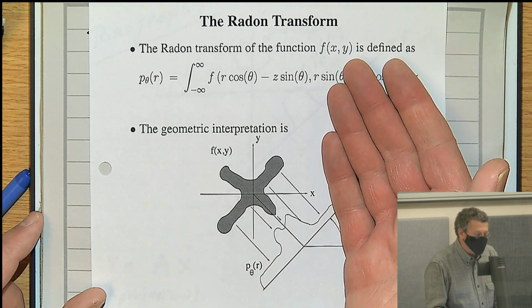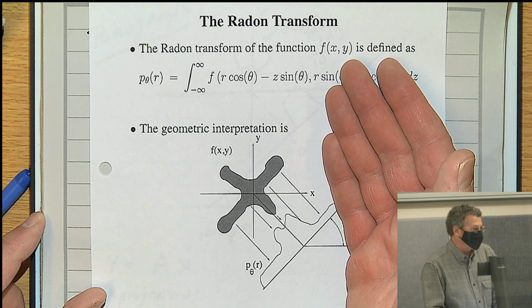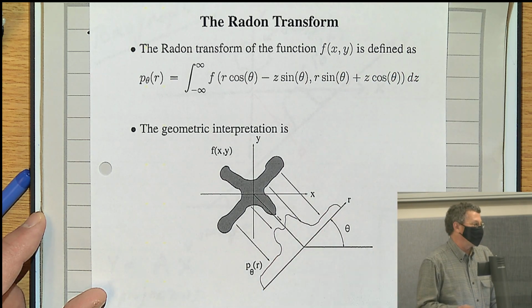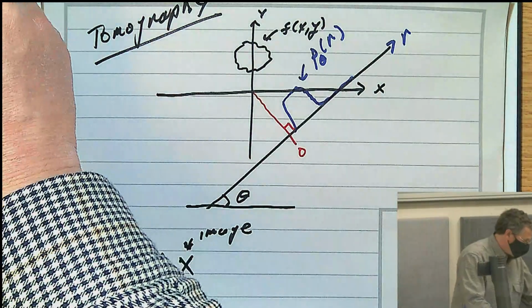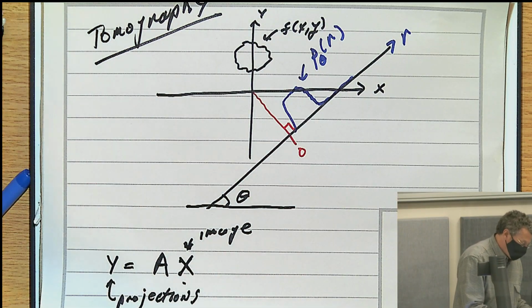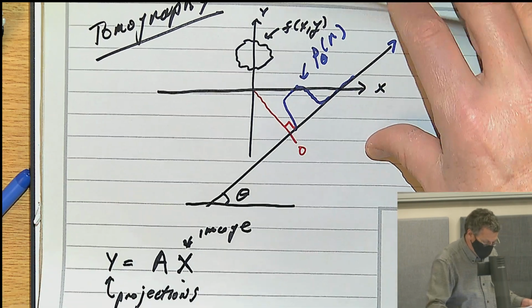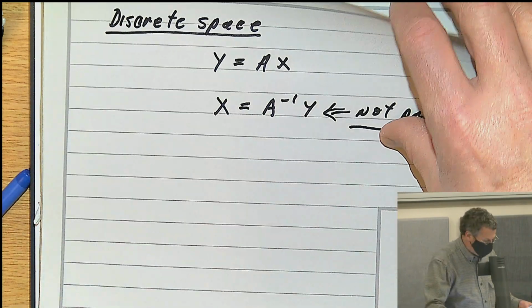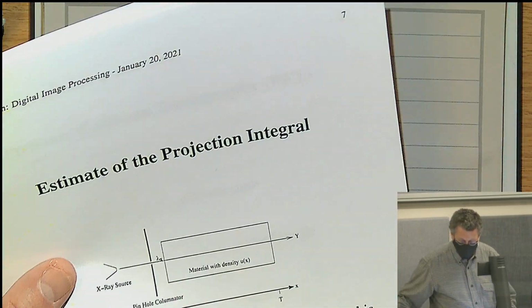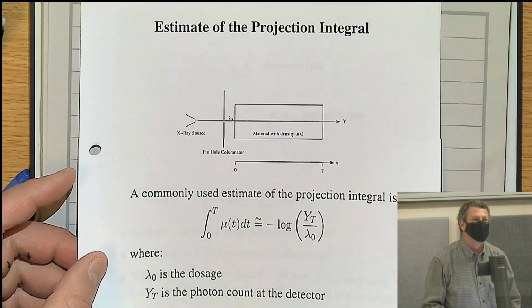They both use tomographic reconstruction, but they make the measurements in very different ways, okay? So I'm going to describe a particular way that's pretty common, that's generally referred to as transmission tomography, okay?